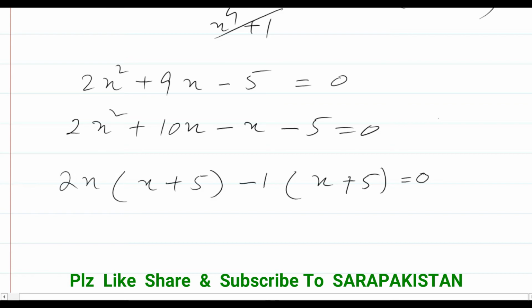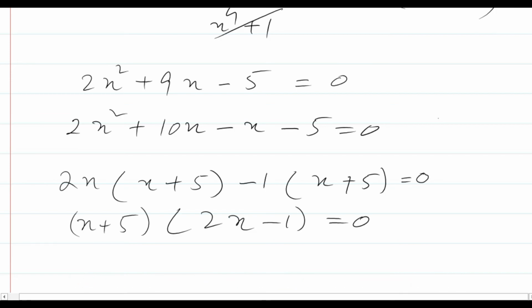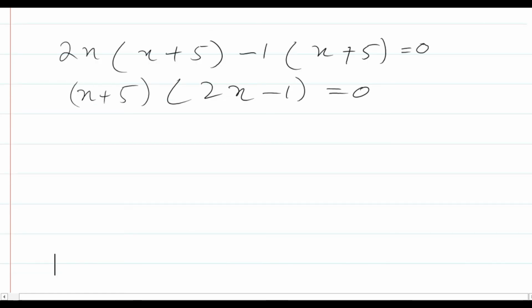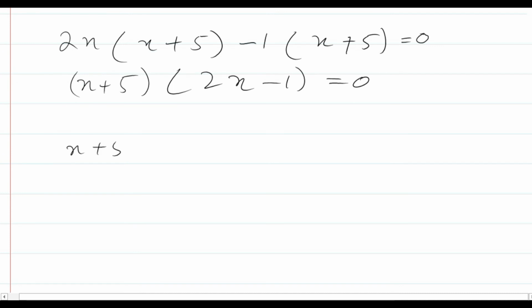Now you can take x plus 5 as common again and you are left with 2x minus 1 equal to 0. At this stage you can split it into two parts, and either x plus 5 is equal to 0 or 2x minus 1 is equal to 0.